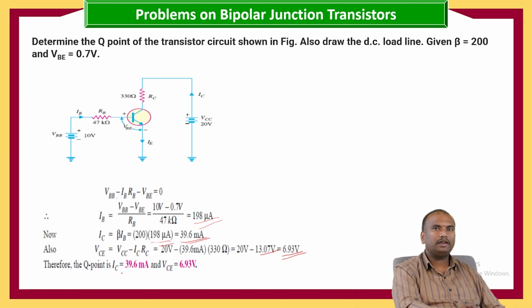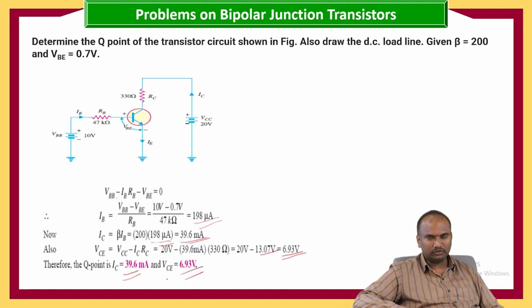Therefore, the Q point is IC is equal to 39.6 milliamperes and VCE is equal to 6.93 volts.